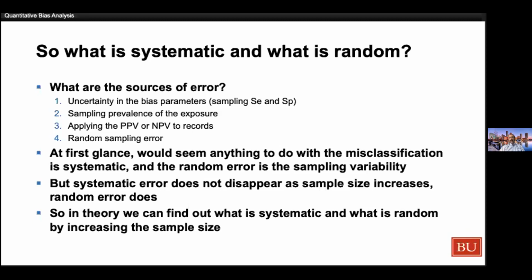But as Tim Lash and Rich MacLehose have pointed out, if you really want to know what's systematic error and what's random error, all you have to do is increase your sample size, because systematic error is error which does not go away as sample size increases. Random error does go away as your sample size approaches infinity. So if you increase your sample size, you can just look at which one of these goes away, and those fall under random error.